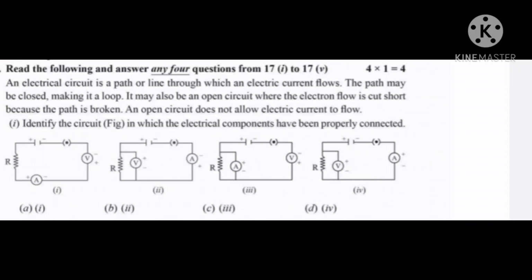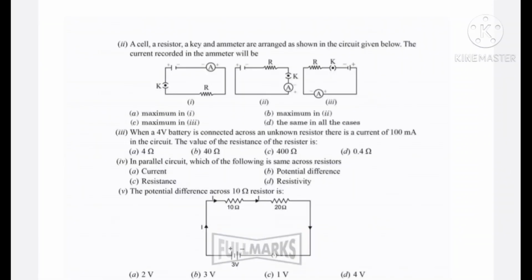So you have to identify the circuit among these which is correctly connected. Okay. So second question: a cell, a resistor, a key and an ammeter are arranged as shown in the circuit given below. The current recorded in the ammeter will be dash. Okay, so try to find it.